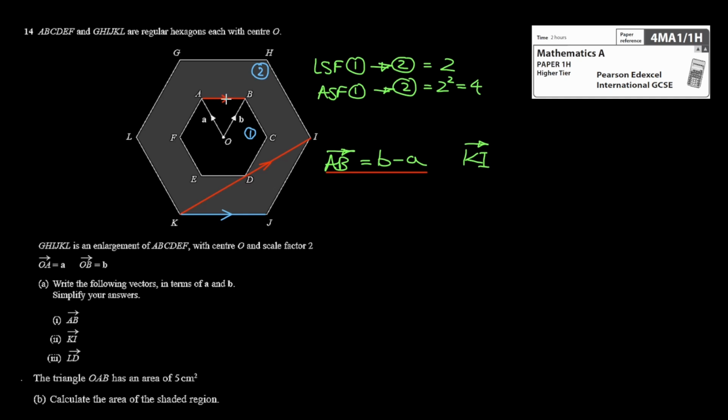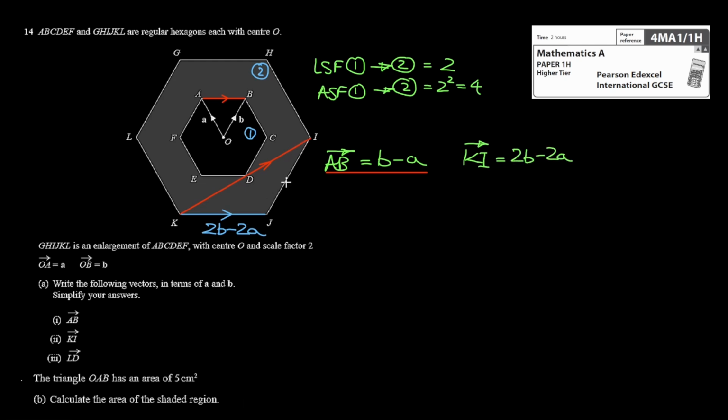We're told that the length scale factor from the small hexagon to the large hexagon is 2. So this vector must be double AB. So this is 2b minus 2a. So let's add that straight away to our journey from K to I, because we're going to have to travel along here. Yes, I know we're going to be traveling on from J to I, but let's just write this one down. So this is 2b minus 2a.